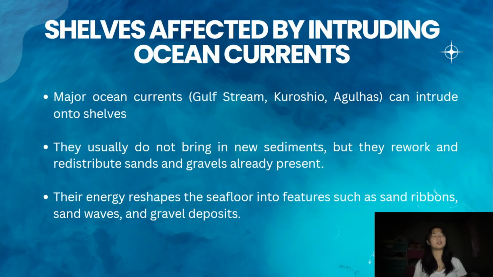These currents do not carry much new sediment from the deep ocean, but their power is enough to shift and transport the sand, gravel, and mud that are already sitting on the shelf. This movement creates striking seabed features such as sand ribbons, which look like long, stretched-out sand strips, large sand waves that look like underwater dunes, and gravel patches.